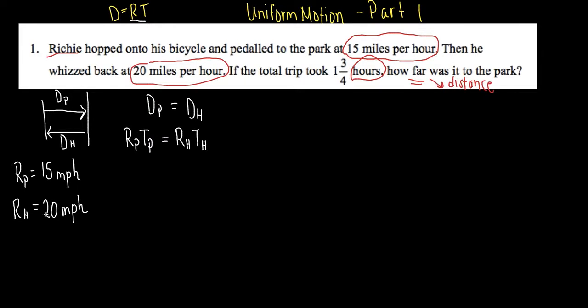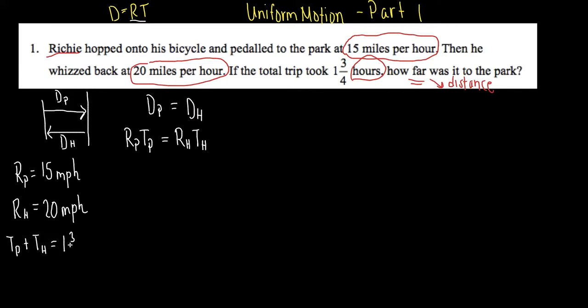And then the time to the park and the time home, I don't know what they are, but I do know that they have a relationship, that they have to add up to 1 3/4. So I can say TP plus TH, the time to the park plus the time home. The total trip is 1 3/4.